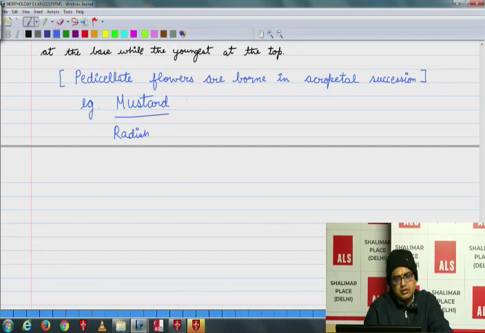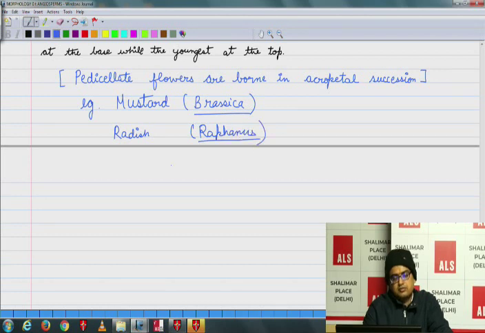Radish is, I should not underline this because this is not the botanical name, Brassica, Raphanus sativus, just writing the generic name here. Okay.